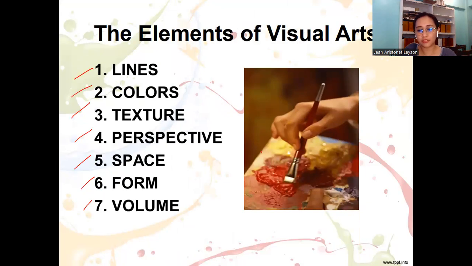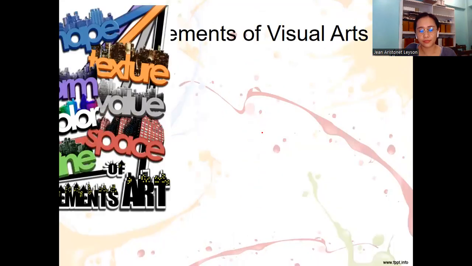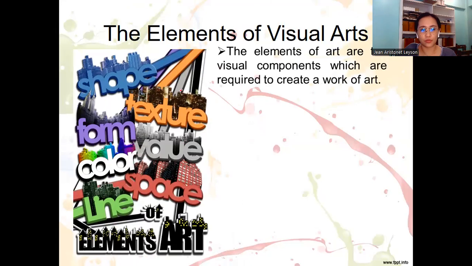So the elements of art, of course, can be seen in different artworks. So these are the different elements: shape, texture, form, value, color, space, line. So the elements of art are the visual components which are required to create a work of art.